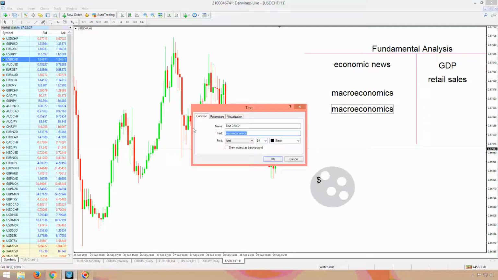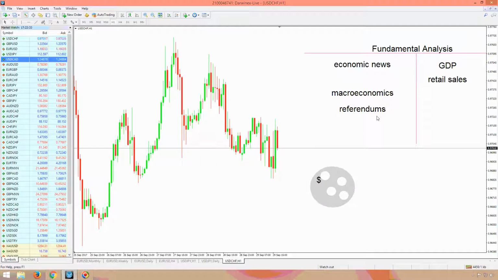In fundamental analysis, we have referendums. Remember the Brexit one? Remember what happened in the UK when they decided to take a vote to see if the people wanted to leave the European Union, and if so, then they would leave. Well, they voted, and it created a huge shift on the Forex market, and that's fundamental analysis.